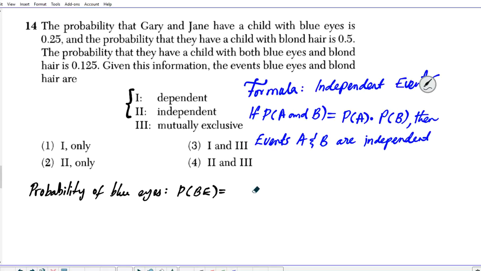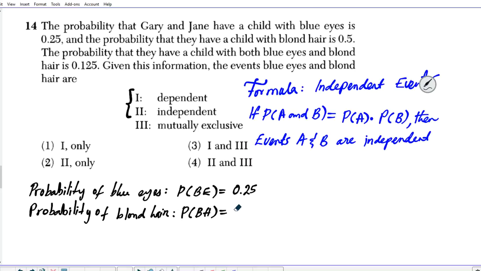Okay, and that's 0.25 as you can see there. And then what is the probability of a child having blonde hair? Okay, of Gary and Jane's child having blonde hair. The probability we will express using the notation BH, and the probability is 0.5.